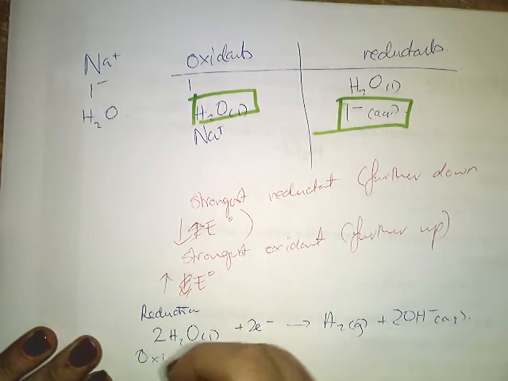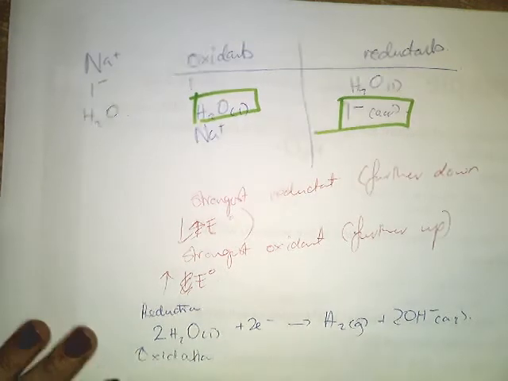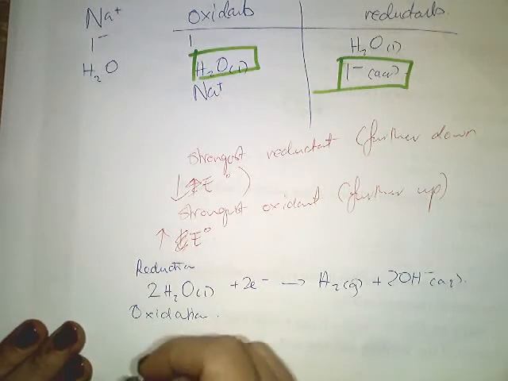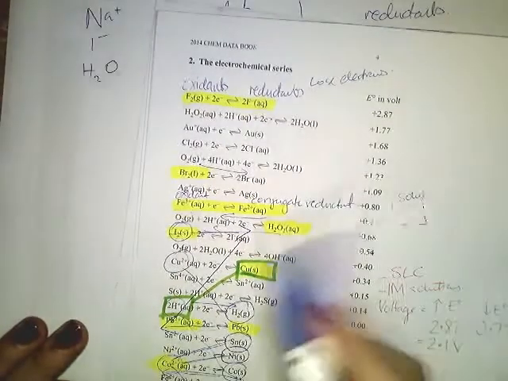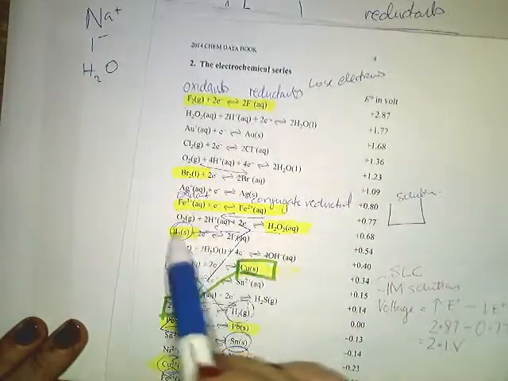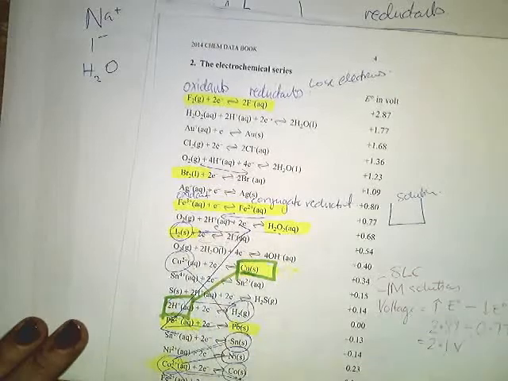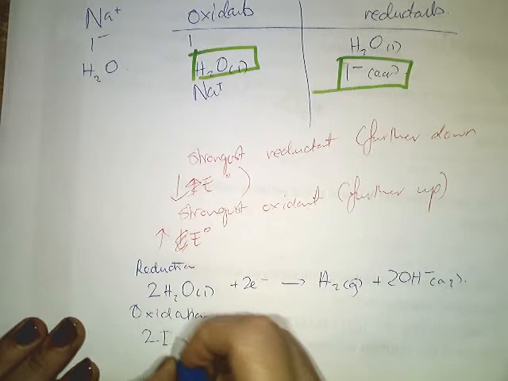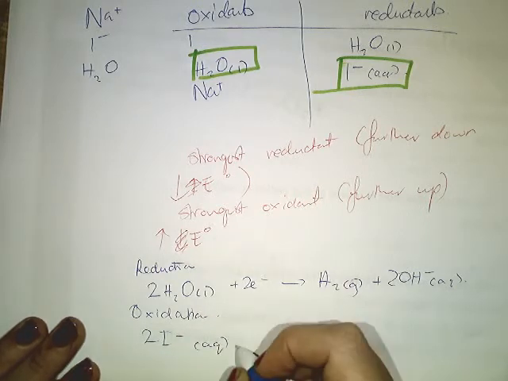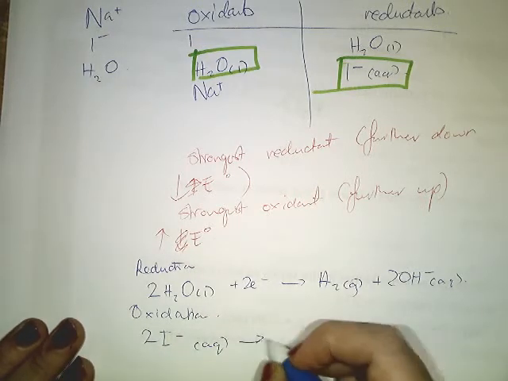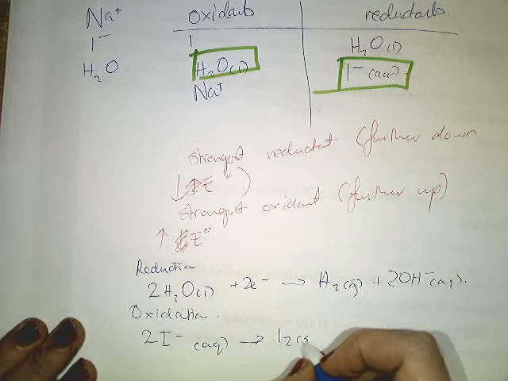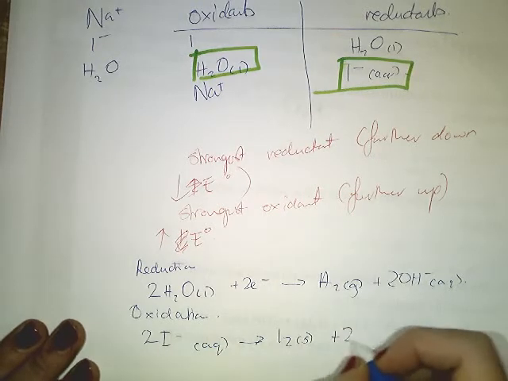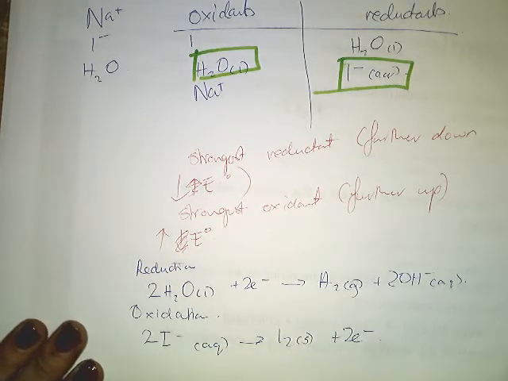Then you go oxidation. Then that will be the I. So you simply grab this one and you write it that way. 2I negative. Notice that this is actually a positive gradient, but we are allowing it to occur because we provide it with electrical energy.